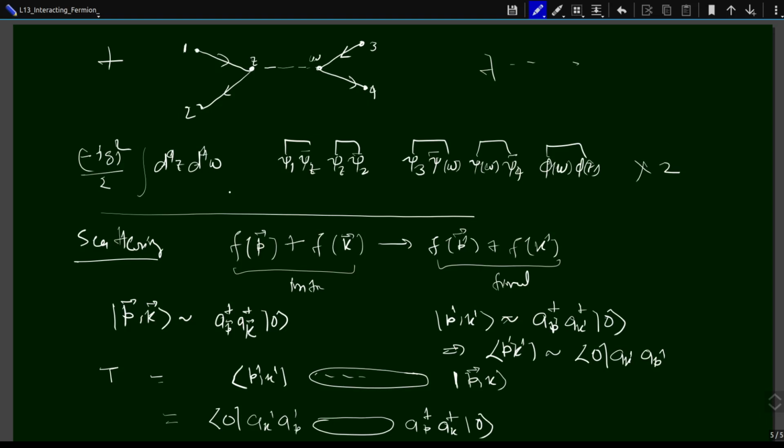Now if I put in the interaction and look for the diagram that is drawn on this page, then what I need is this psi bar psi and phi dagger phi, sorry, phi_w and phi_z insertions in between. So for this matrix element, basically I'm saying that point 1, point 2, point 3 and point 4 have an identity.